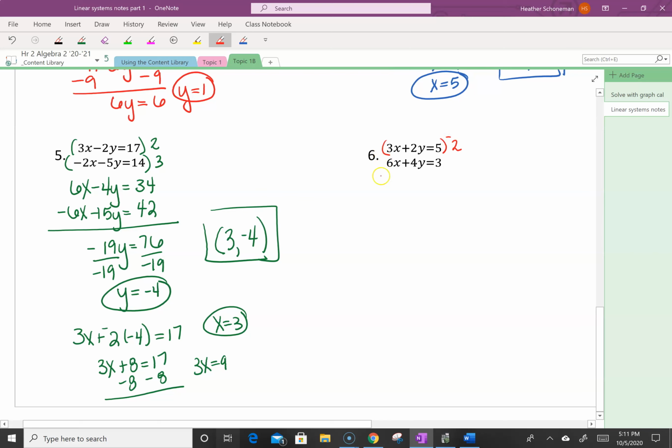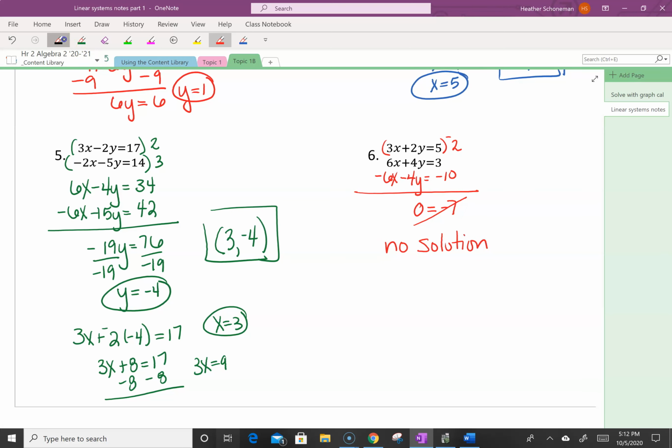So when I do that, that gives me negative 6x, negative 4y equals negative 10. So now when I add those together, the x's cancel and the y's cancel, so I'm left with 0 on the left, and on the right, I'm left with negative 7. Well, this isn't good. Does 0 equal negative 7? No, it does not. So this is no solution.